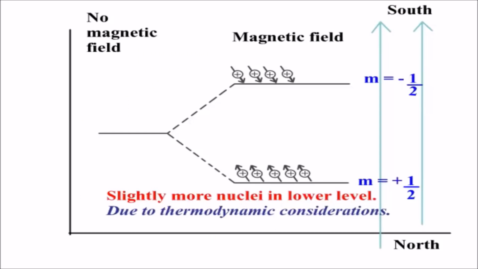So you've got spin states plus a half and minus a half. And as you see there, due to thermodynamic considerations, one will always have slightly more nuclei in the lower level.